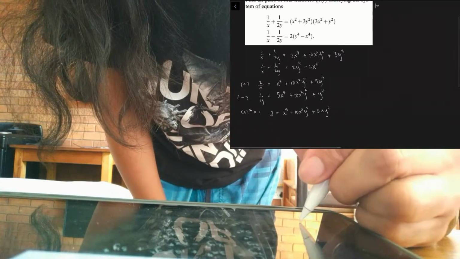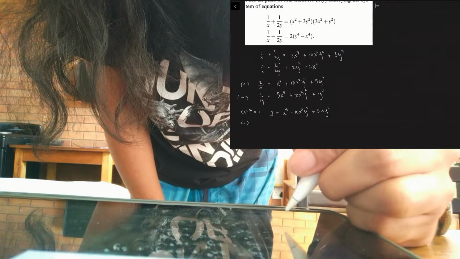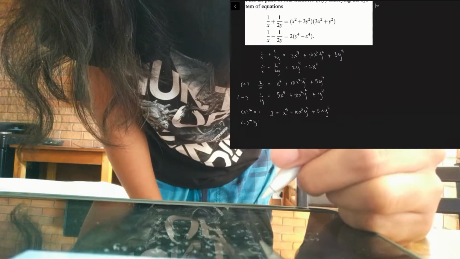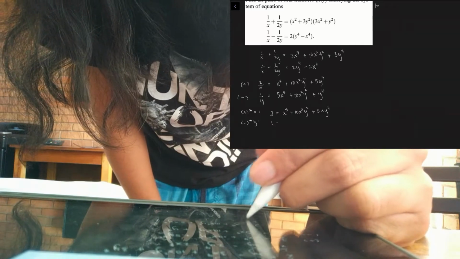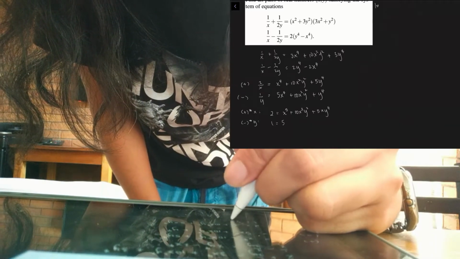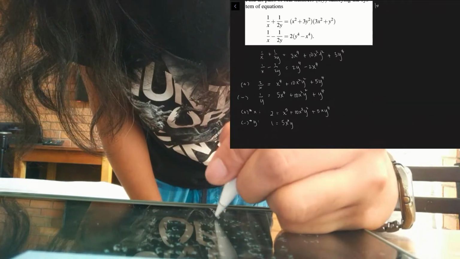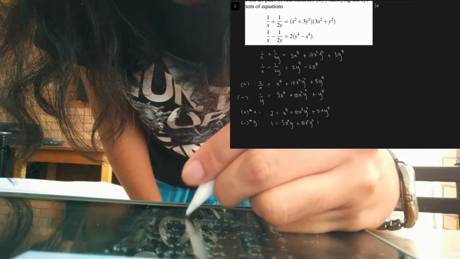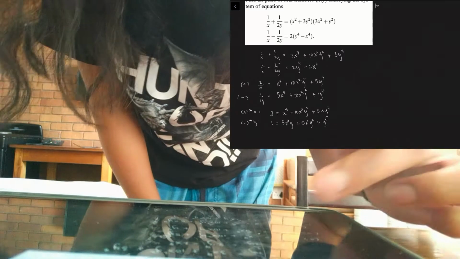And the equation that resulted after subtracting, we multiply by y to remove the y in the denominator. That gives you 1 equals 5x to the fourth y plus 10x squared y cubed plus y to the fifth.